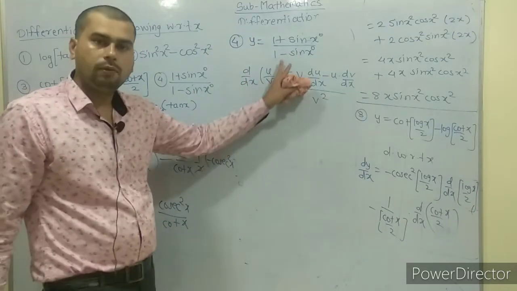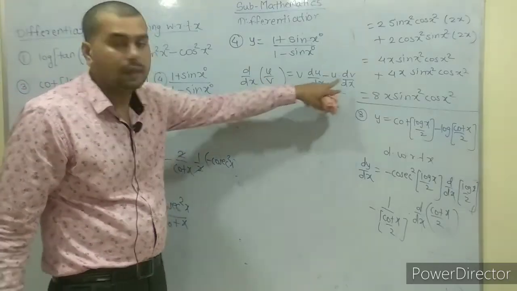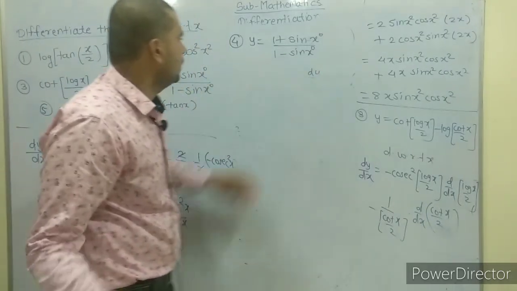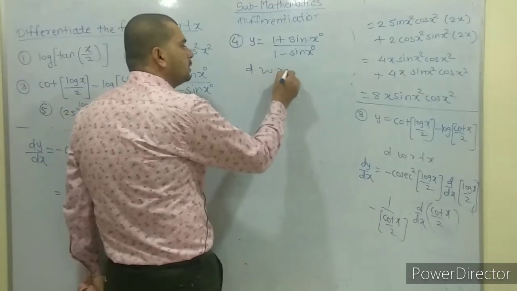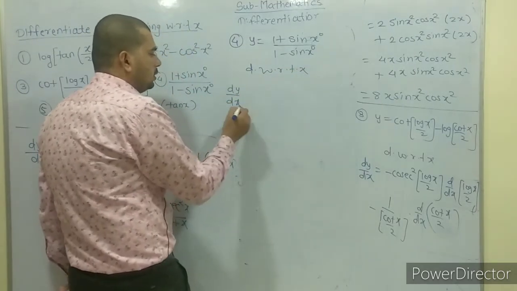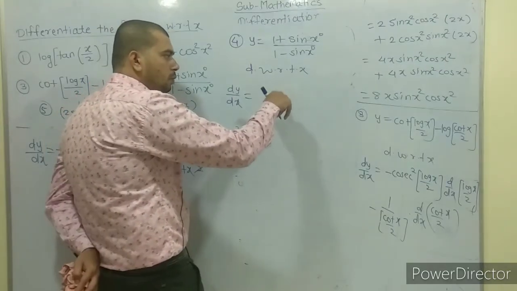This kind of examples we solve using this formula. So we solve this example. Differentiating with respect to x. So dy by dx is equal to, what do we get using the formula?